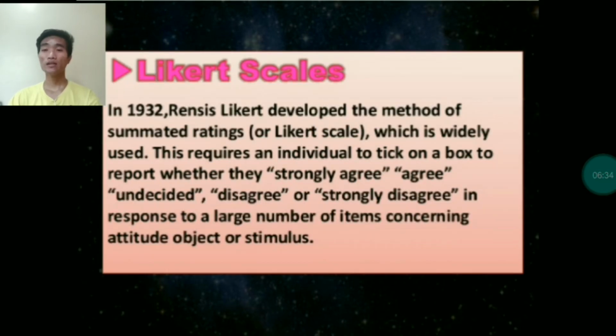Likert scale. In 1932, Rensis Likert developed the method of summated ratings, or what they call the Likert scale, which is widely used. A Likert scale is a psychometric scale commonly involved in research that employs questionnaires.